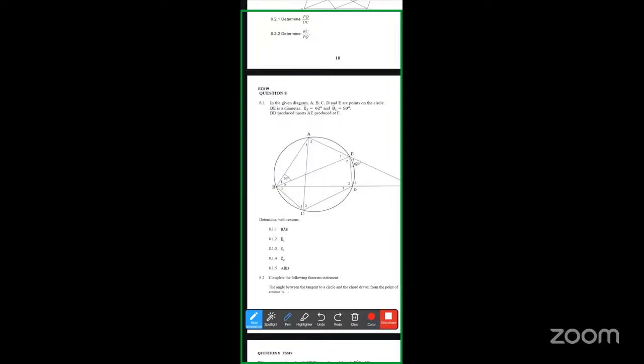Determine with the reasons the size of angle BAE, which is that angle right there. How do you guys think we are going to find that angle? Anyone with an idea, guys?